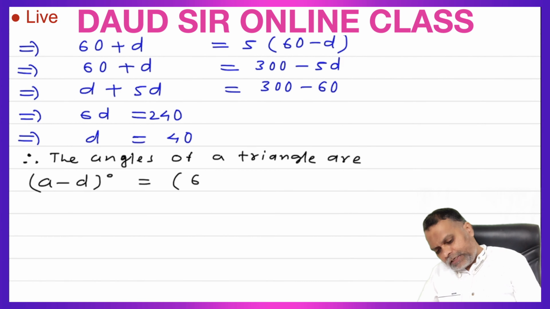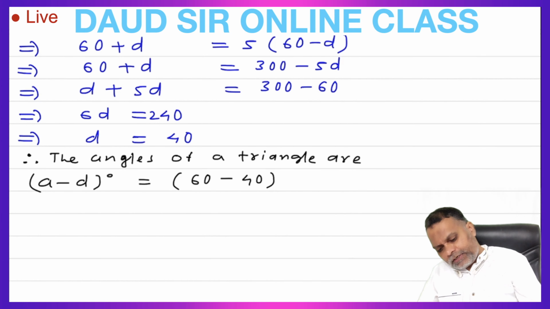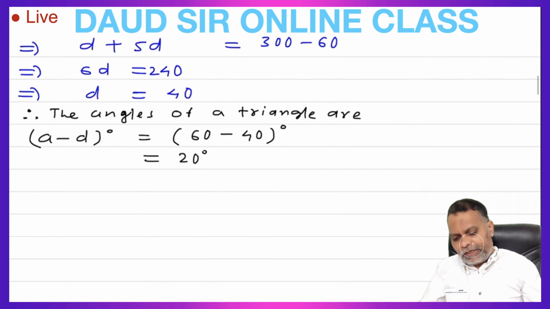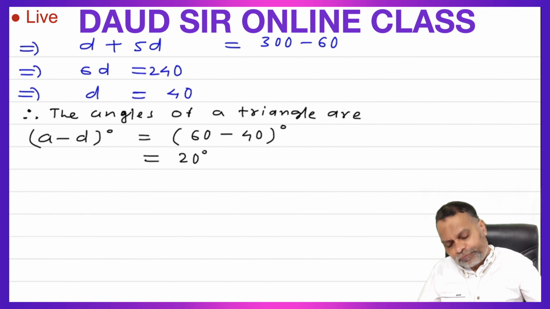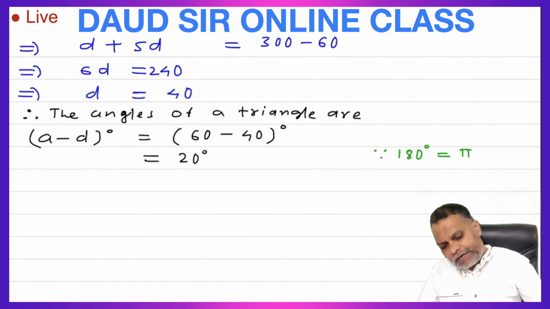So a 60 and d 40, is equal to 20 degree. Now we have to convert this degree into radian. So since 180 degree is equal to pi radian, so therefore 1 degree is equal to pi by 180 radian.